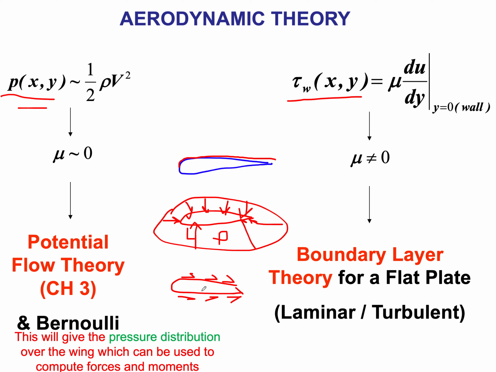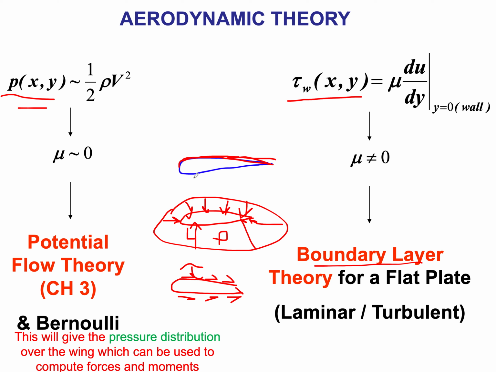So we have come up with a simplified theory for the shear stress, which is the boundary layer theory, which we have covered in a previous lecture. The boundary layer theory applies in the region very close to the surface of the airfoil, which is affected by the no-slip condition. There is a region of influence of the no-slip condition, due to viscosity, of a couple of millimeters from the solid object into the airstream.